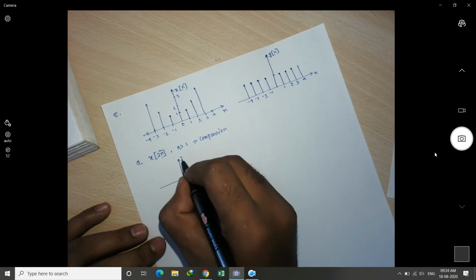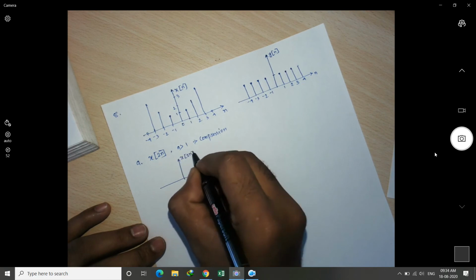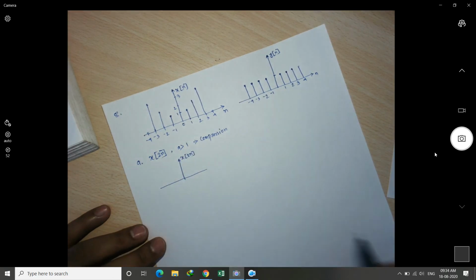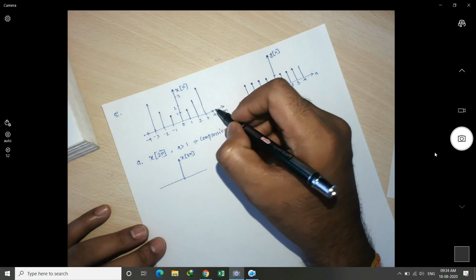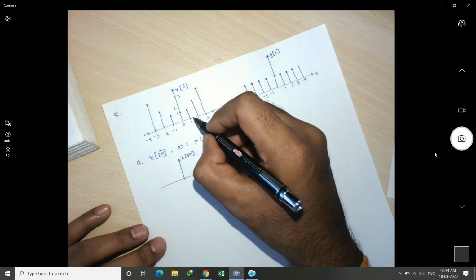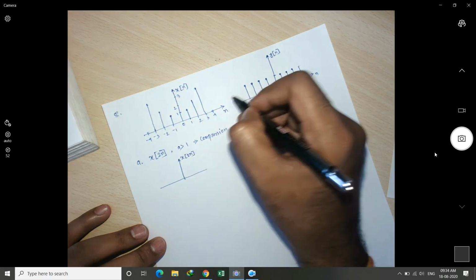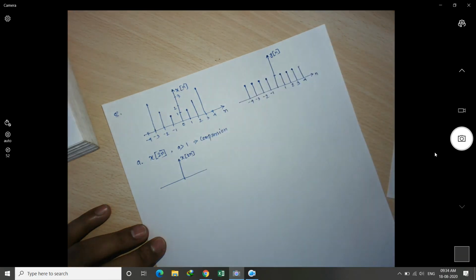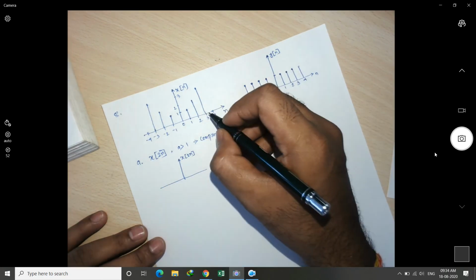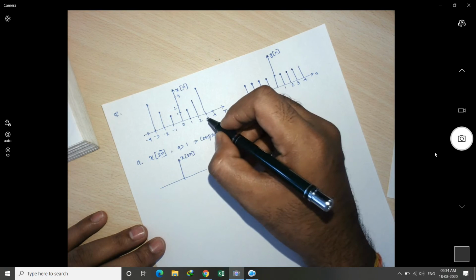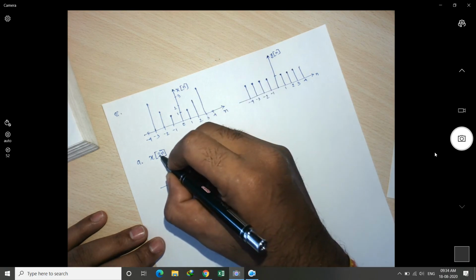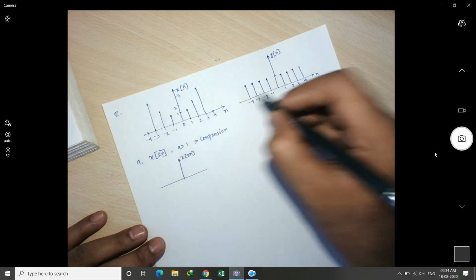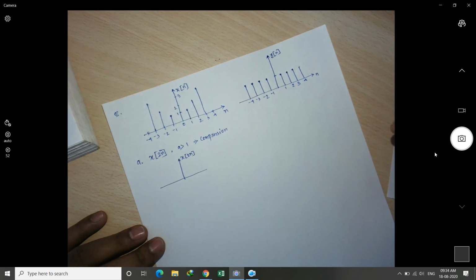Which samples will there be in x of 2n? Let us consider the samples 1, 2, 3, 4, 5, something like that. So let us first decide the location. The positions, we divide by 2, and the integer value we need to take, right?